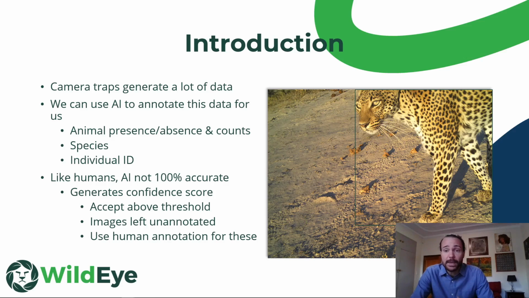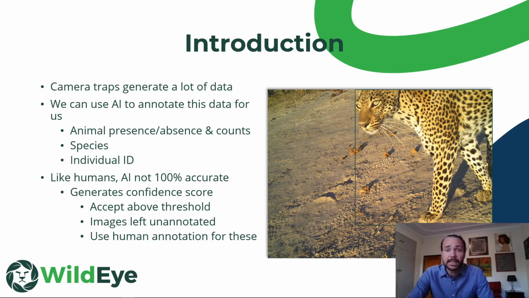So for that, we actually use Microsoft's Mega Detector, which is an open source project that does that. And basically the idea is that it generates these boxes around the animals, called bounding boxes. So that then helps us detect the presence of animals and by implication, the absence of animals. And then we can also count those boxes to generate counts of the animals in each of the images.